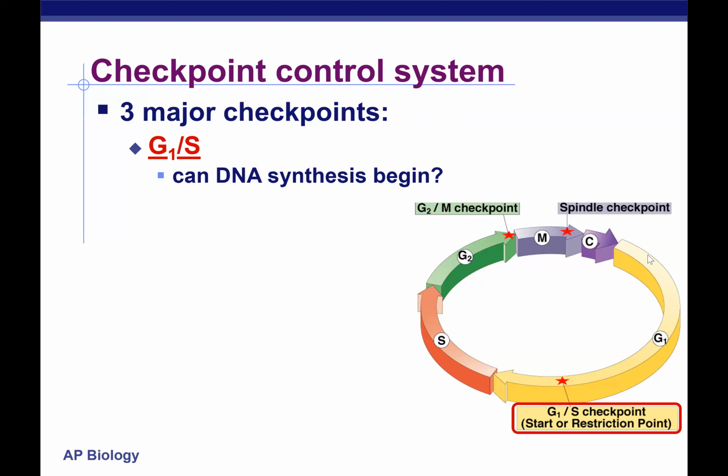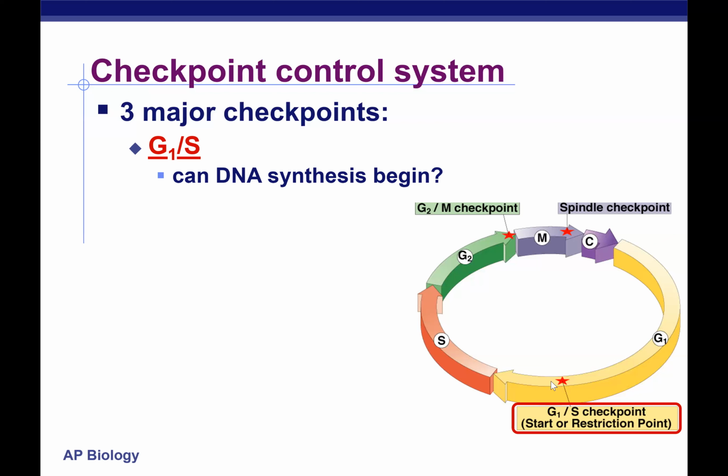After the cell enters into the G1 phase, at this point it commits itself whether, yes, it has to divide, and it enters into the second phase, that is the synthetic phase. So this is the first checkpoint, where a cell decides, and there are certain parameters which the cell has to understand before it commits.